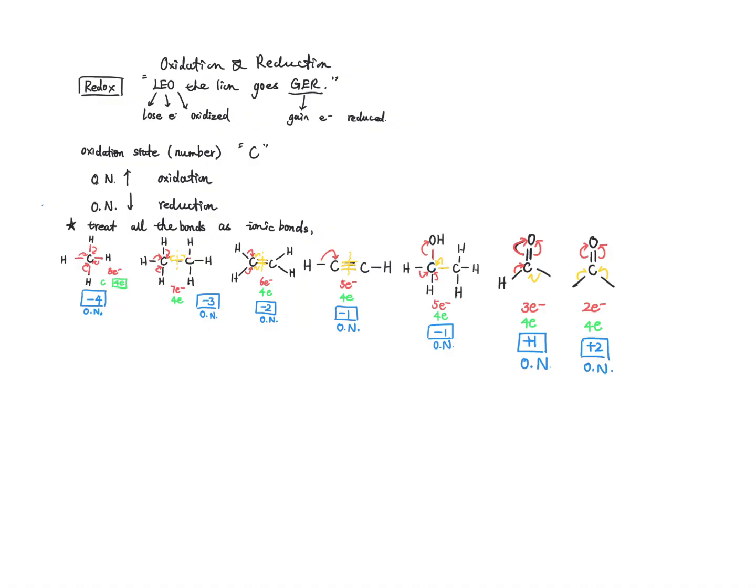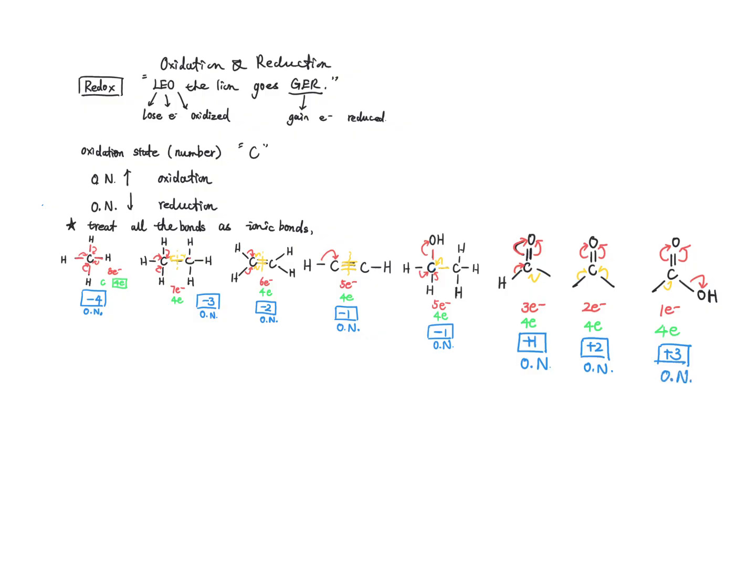Now if we make it even more complicated, we introduce an OH group right on the carbon. So now in all these carbon-oxygen bonds, oxygen is more electronegative, draws the electrons away, and carbon gets none. And here, carbon only gets 1 from the carbon-carbon bond. So carbon only has 1 electron based on the oxidation number assignment, and compared to 4, now you have positive 3 as oxidation number.